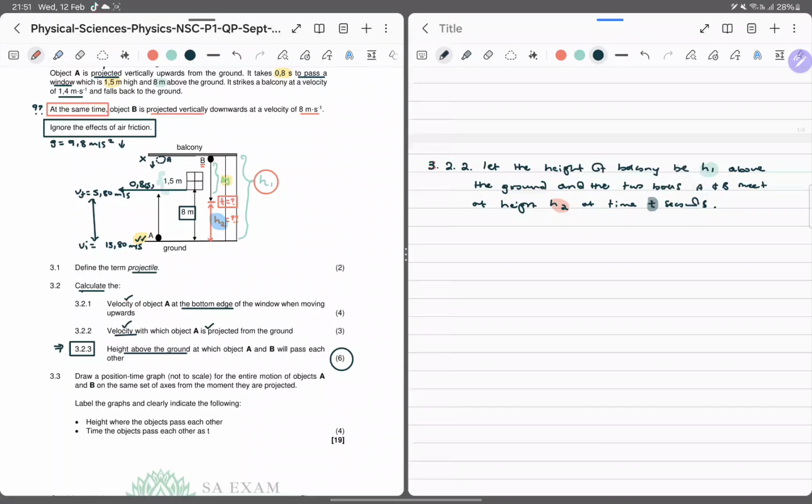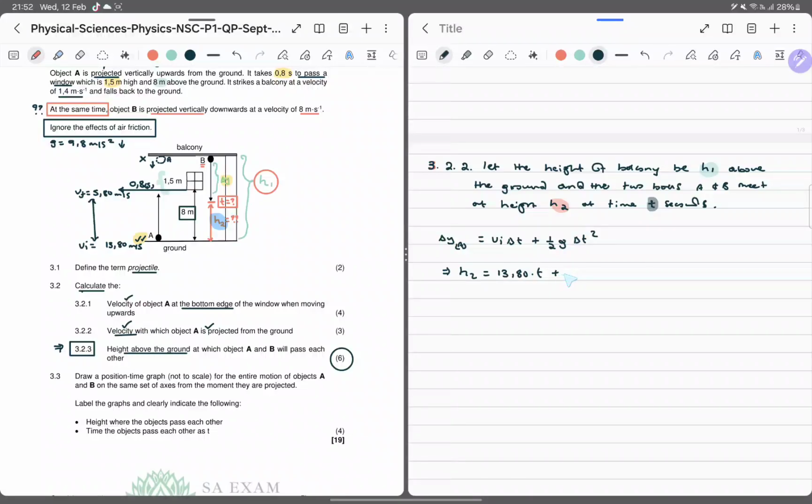Anyway, let's start. We can say for ball A, delta y A is going to be equal to V I delta t plus half g delta t squared. Now this implies, remember, this is the height ball A is at when they meet. And that height is H2. So H2 is equal to, what was the initial velocity? 13,80 times t, which is the time at which these two meet.